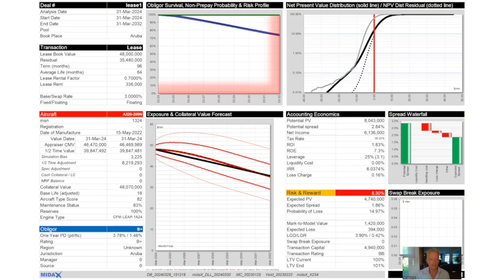It's an A320-200 Neo. These are all fictitious deals. It is leased to an airline with a B+ rating. It has 100% maintenance reserves, et cetera. What you need to look at is that this particular deal has a risk-reward ratio of 8.3%.